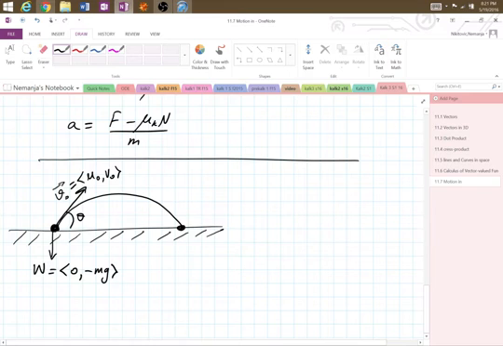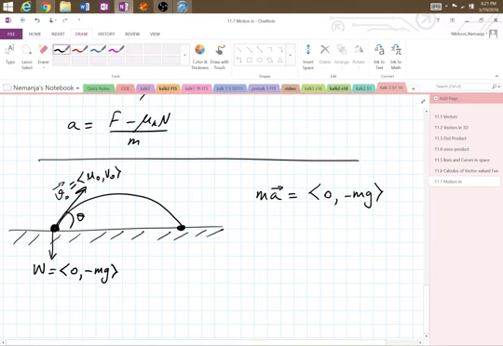And this is v0, the initial state, and then we have the final one when it lands on the other side. So what's ma equal to? It's equal to force, and the only force that we have is 0, negative mg.